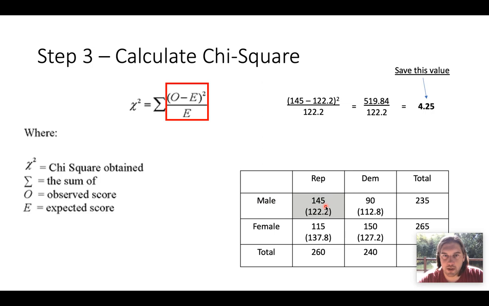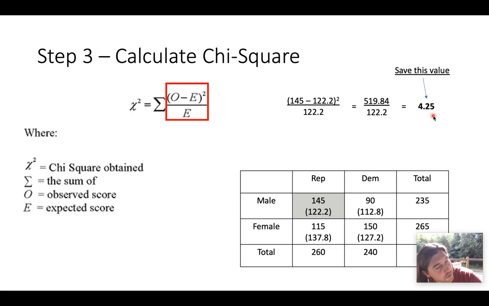Male Republicans. My O, my observed, my real data, my actual data was 145 male Republicans. I should have expected 122.2. So 145 minus 122.2 squared divided by E again, 122.2. Do the math, plug and chug.